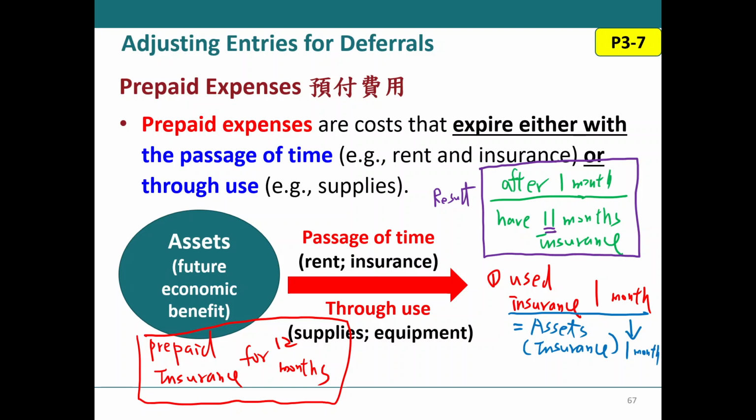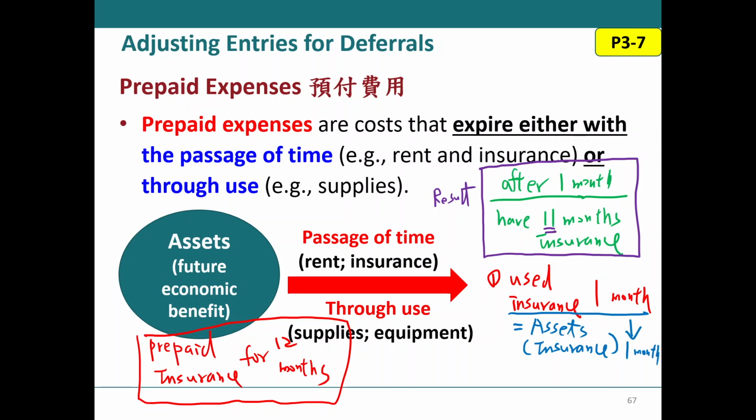That's why beginning 12, after 1 month only 11. So your insurance went from 12 to 11, decreasing 1 month. That's the first effect we have: my insurance decreased 1 month. Why did your insurance decrease? Because you use it. I use it, of course it decreased.